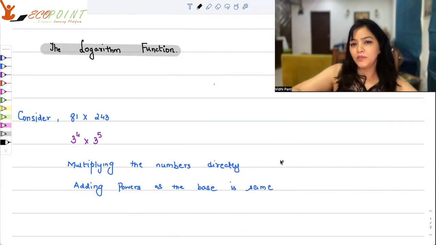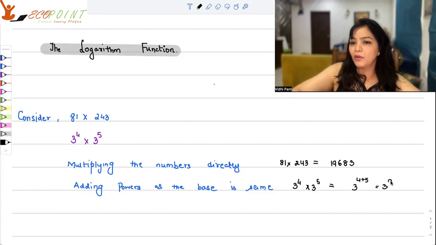If you multiply the numbers directly, so you're doing 81 into 243 by use of the calculator, as I did, you can find out that this will be 19,683. Or else what you can do, since the power is 4 and the power is 5 here, but the power is of the same base 3, so I can just add up the power and I can say this is equal to 3 to the power 4 plus 5.